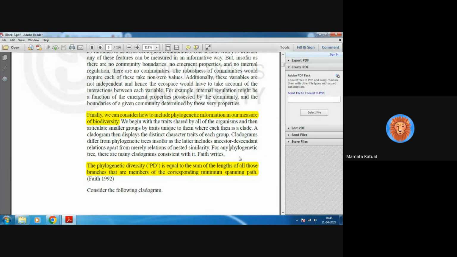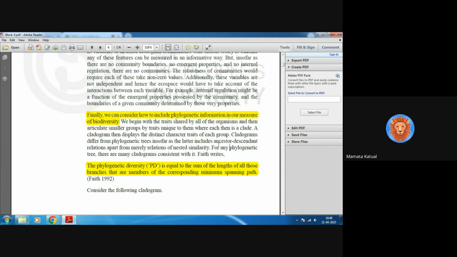Through evolution, one species produces one or more species. So there is an ancestor and descendant relationship.